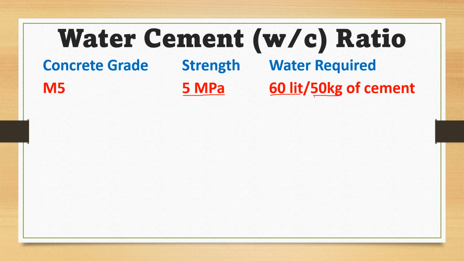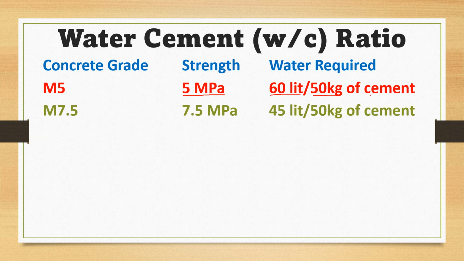So for a 50 kg bag, if you are going to prepare a mix for 5 megapascal cylindrical strength after 28 days, you have to use 60 liters per 50 kg of cement bag. If you are going to prepare a concrete whose strength will be 7.5 megapascals after 28 days, you have to use 45 liters of water per 50 kg of cement bag.